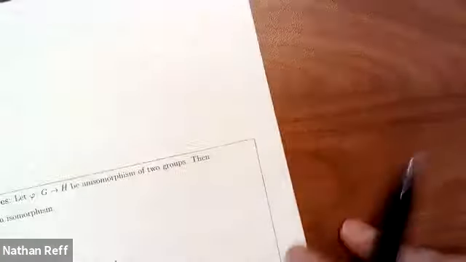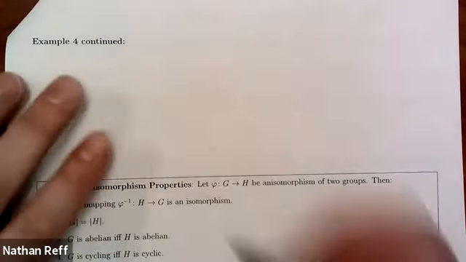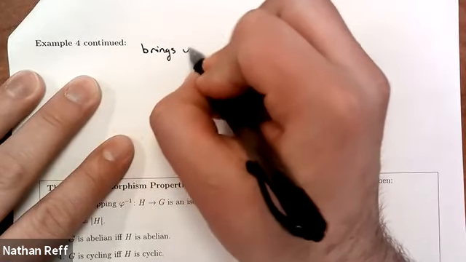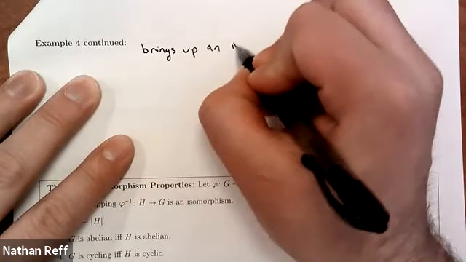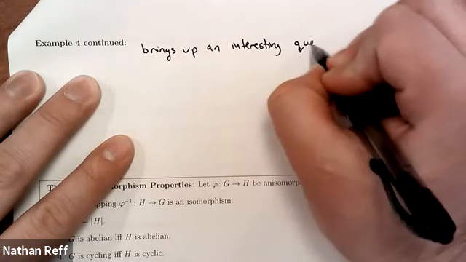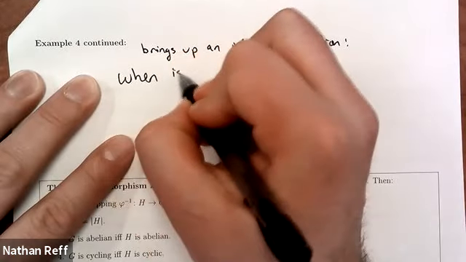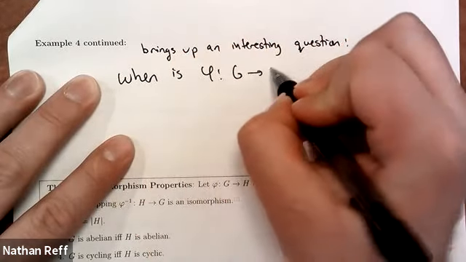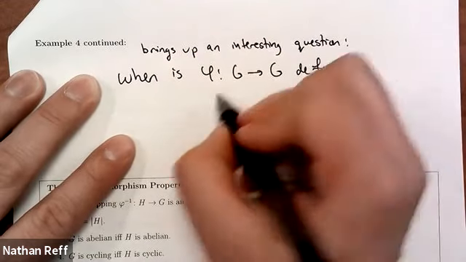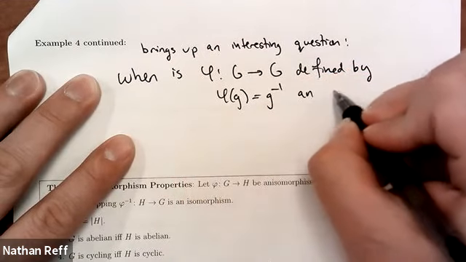So this example kind of leads us to an interesting question. So this brings up an interesting question. Okay, so when is phi that goes from G to G defined by phi of G equals G inverse an automorphism?